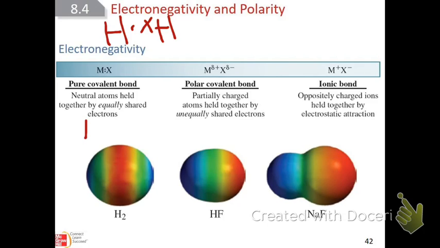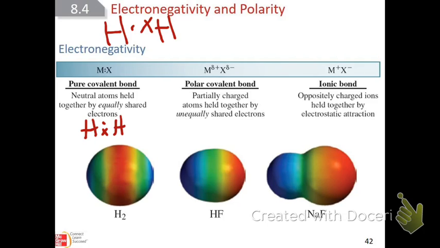So since nobody's going to win this battle of the electrons, these are truly going to be shared evenly. And if these electrons are going to be shared evenly, then this is going to be non-polar. Nobody's going to win. That charge is going to be distributed evenly throughout this. And you can see that by the even egg shape here.